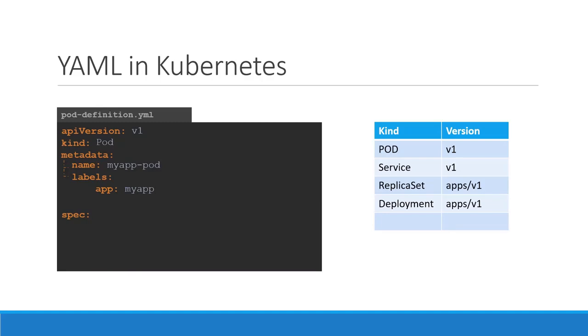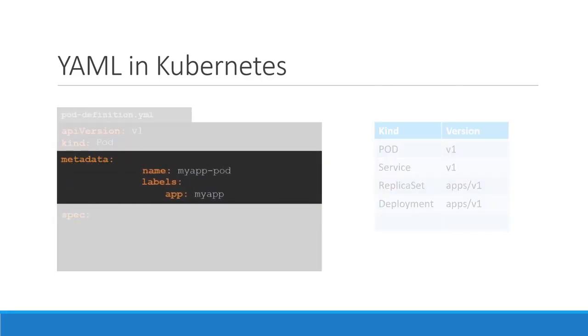The number of spaces before the two properties, name and labels, doesn't matter, but they should be the same as they are siblings. In this case, labels has more spaces on the left than name, and so it is now a child of the name property instead of a sibling, which is incorrect.